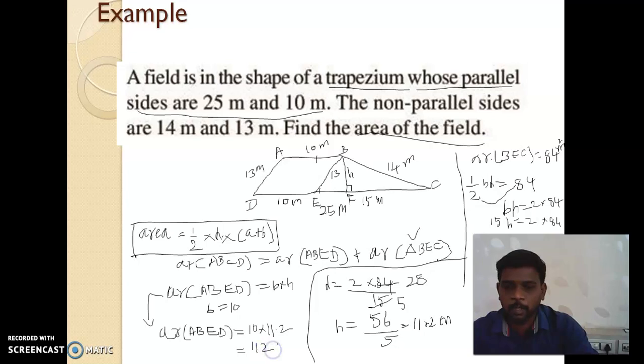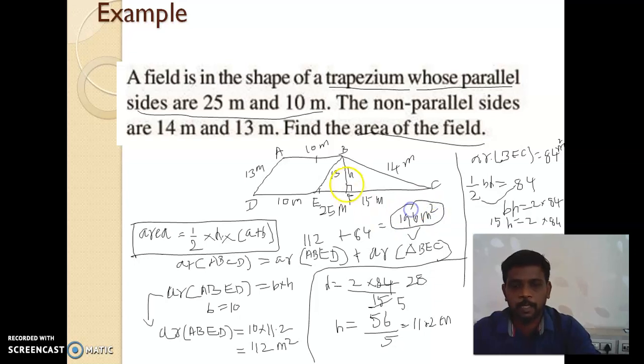So 112 meter square is the area of the parallelogram. Now substitute here: instead of the area of ABED, 112 plus the area of triangle BEC, 84. If you add these two, you will get the total area, that is 196 meter square. So 196 meter square is nothing but the area of this trapezium.